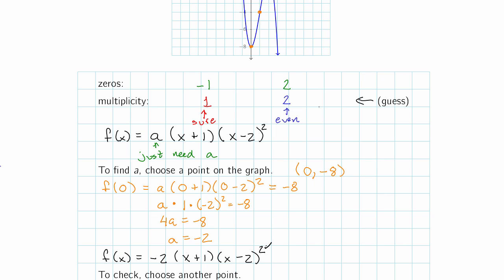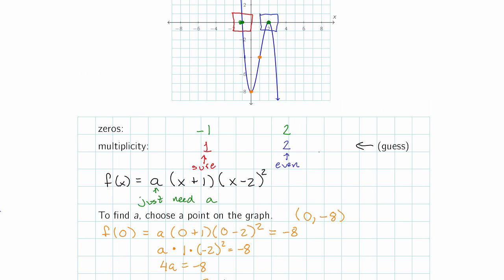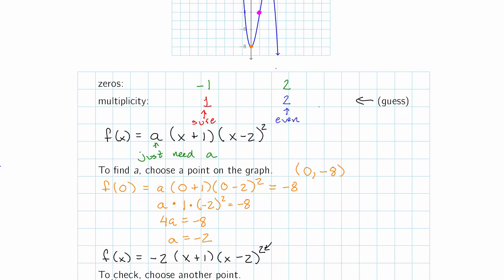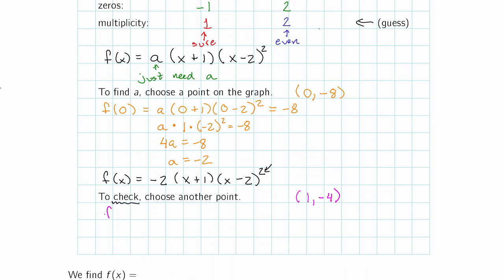Now, this was a guess, so we need to check. To check, we're going to choose another point. And the other nice point it looks like we have is 1, -4. So we're going to find f of 1, which should be -2 times 1 plus 1 times 1 minus 2 squared.